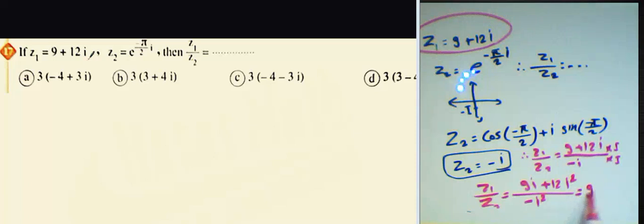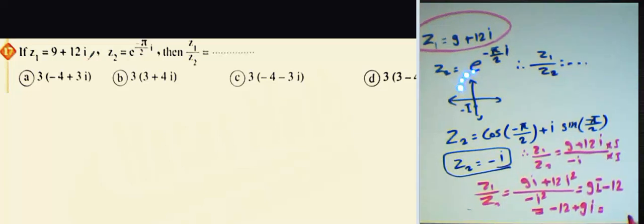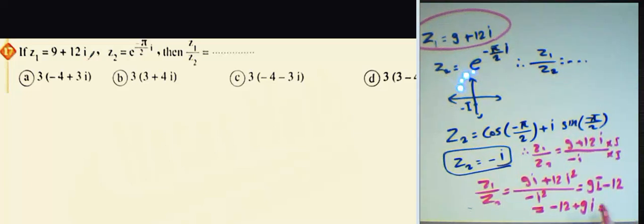Then the result will be 9i subtract 12. Then the result will be, we can replace them, negative 12 plus 9i, and you can write 3, write the common factor between the two terms here, write 3 outside, it will be negative 4 plus 3i.